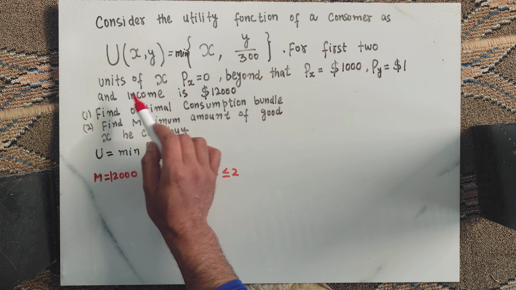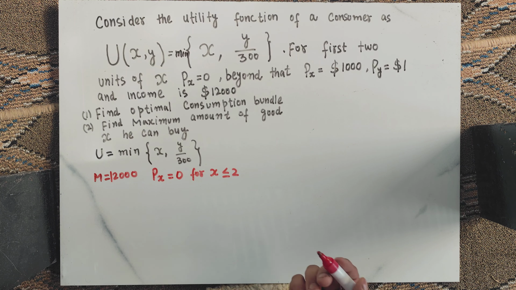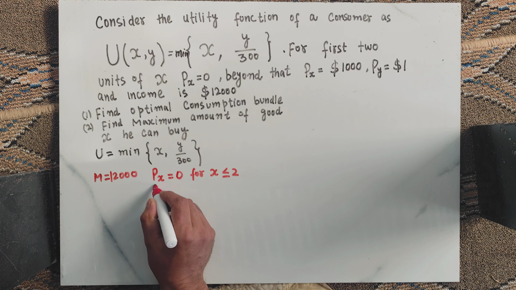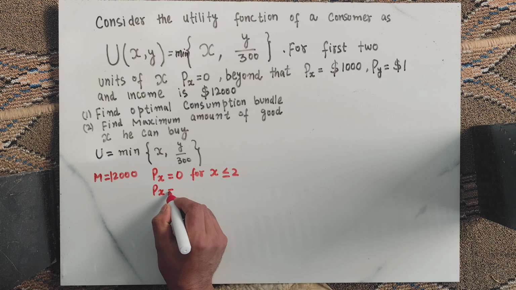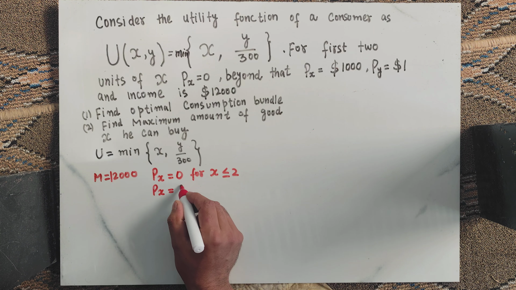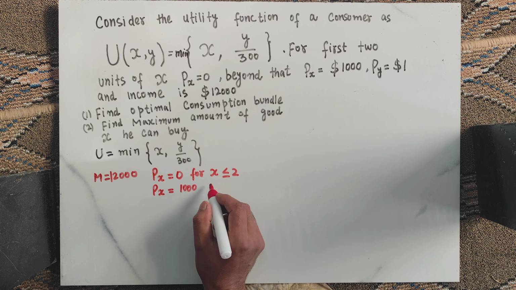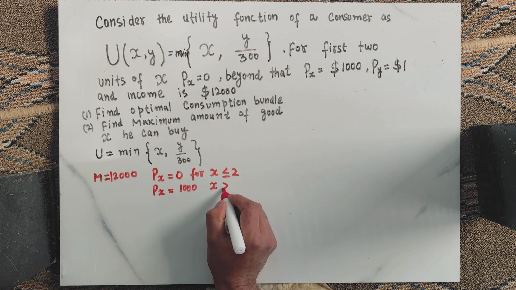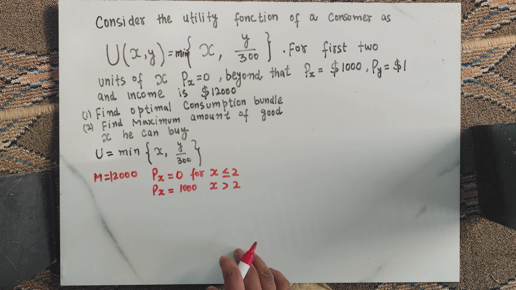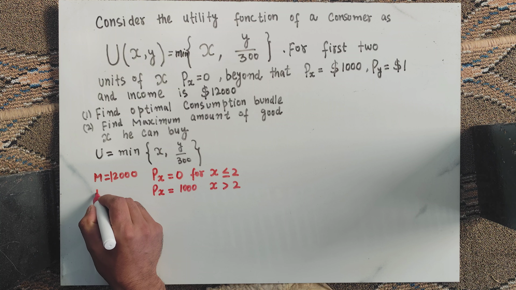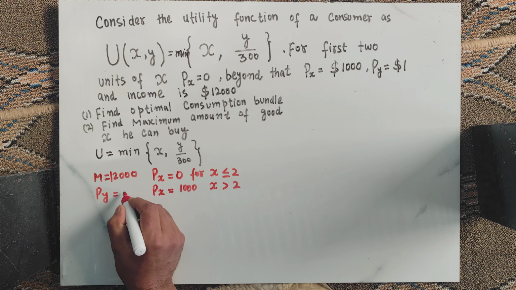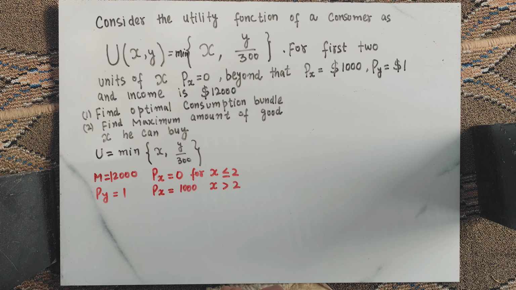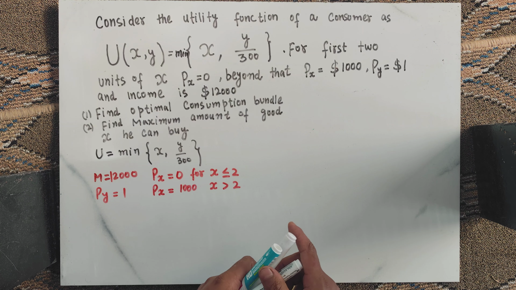Having said that, the price of good x is $1,000 for x greater than 2. Also, the price of good y is given as $1. We need to find the optimal bundle that the consumer will purchase.